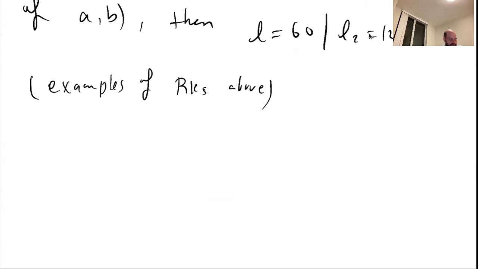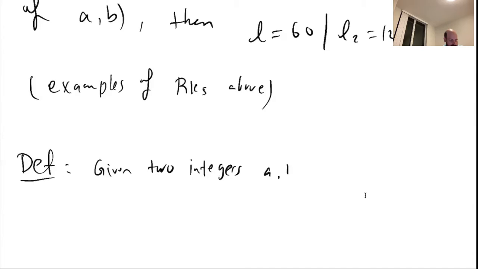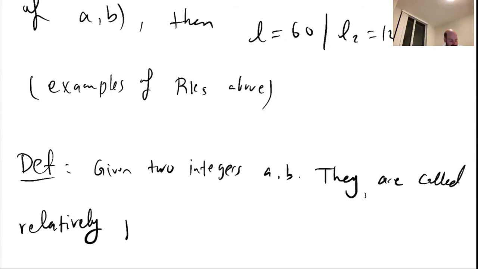Okay, now another definition we need here is the definition of relatively prime integers. So given two integers A and B, they are called relatively prime if GCD of A and B is equal to 1.